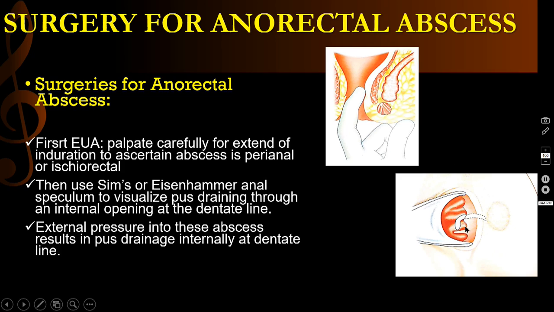See, here you are seeing this is the abscess cavity. If you press this abscess cavity, pus will drain into this anal canal, this is the dentate line. So here you can see this is the internal opening.